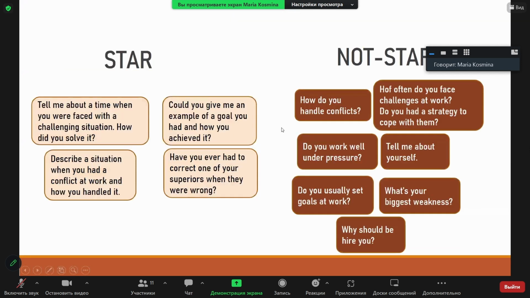So here you can see which questions should be followed by a STAR answer and which should not. Usually, it's a rule of thumb, a general rule, not very strict.